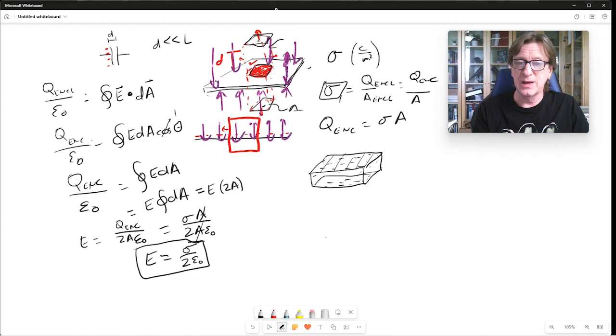So I would have to say I've got this one plus this one to get the total Q enclosed. I would have to have a 2 here, because it's a thick plate now. If you work back through the math, it works out very similarly, but now you get something that looks like this, because that 2 is going to cancel. So that would be for a thick plate.